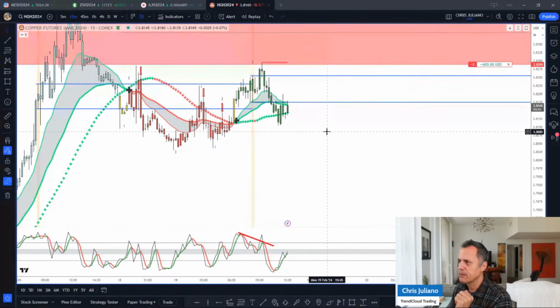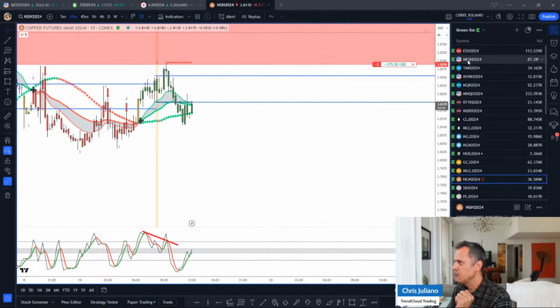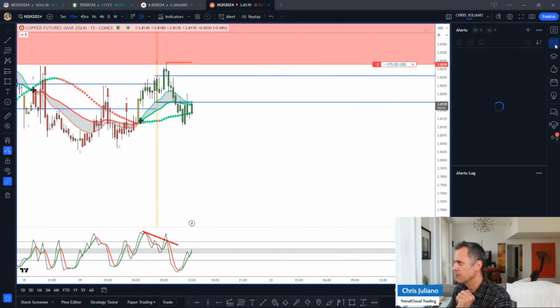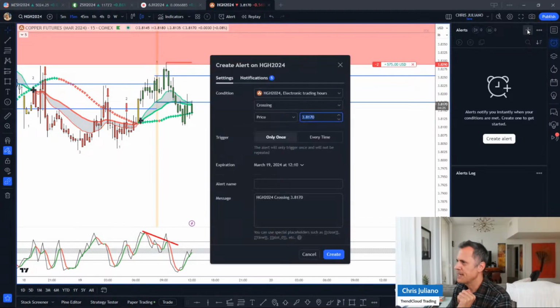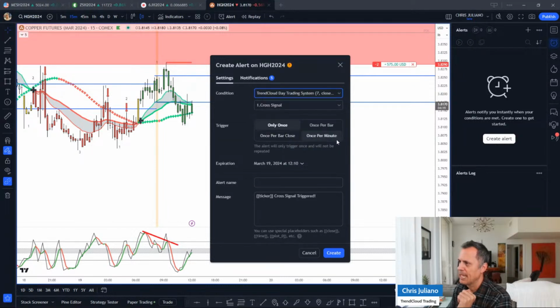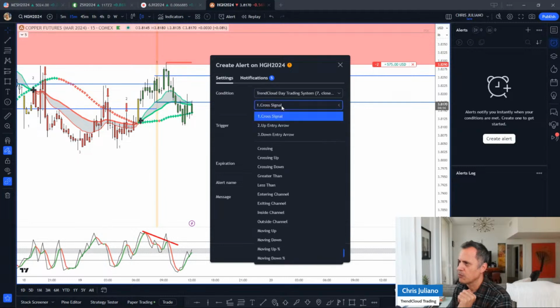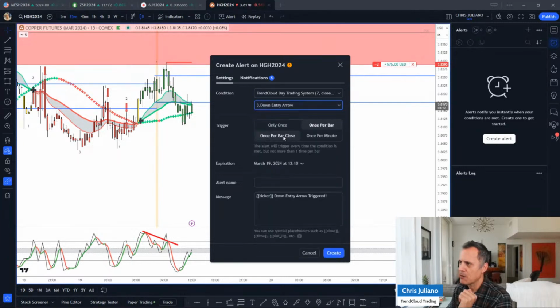The other thing that we can do here is go over to your TrendCloud on this 15-minute chart, and you can have it set an alert, okay? So go over to your alerts, and right here, it'll say create alert, or you can click this button right up here. So you click onto that plus button, go over to your TrendCloud day trading system, and you can say once per bar, and we're looking for a down arrow, right?